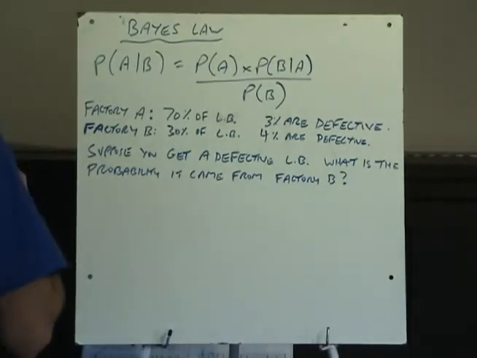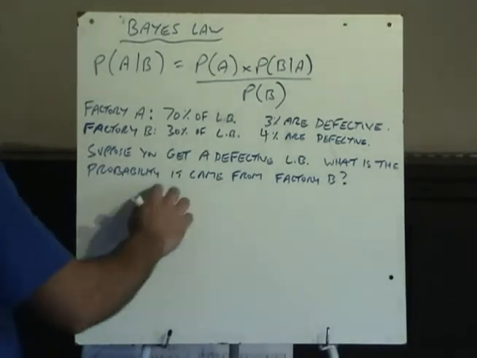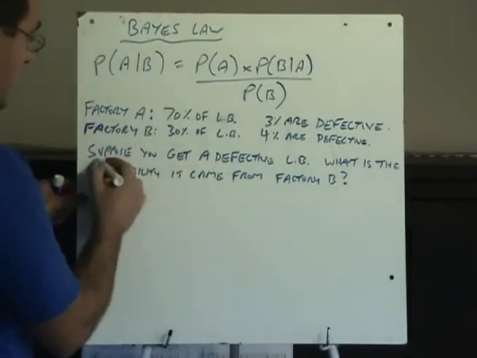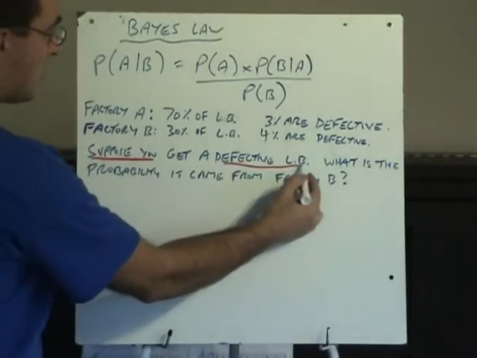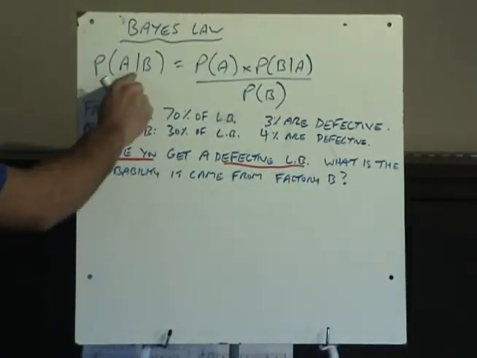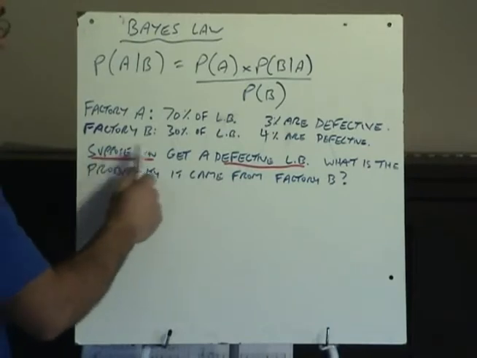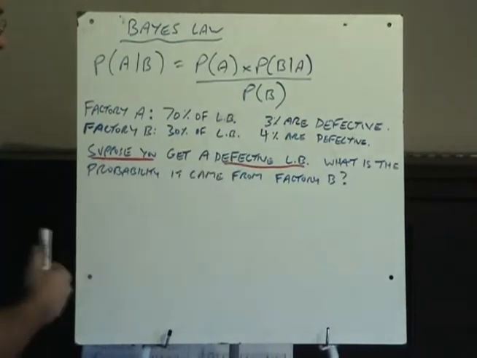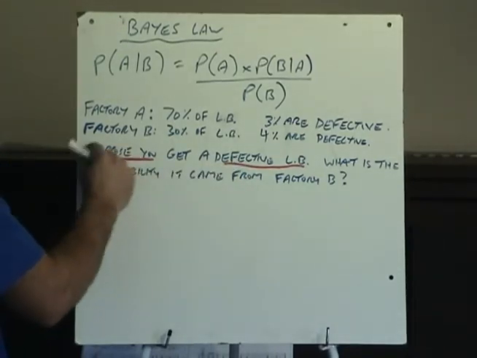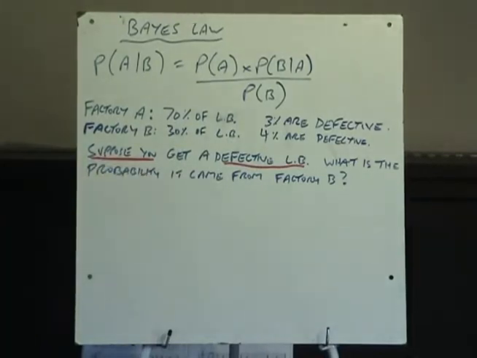So you see, we're given something about the outcome already. Suppose you get a defective light bulb. We know this light bulb is defective. Anytime you see words like suppose something has occurred, or given that the light bulb is defective, these are your key words to think about it as a Bayes' law question. Suppose or given that. So you're given some information about the outcome.